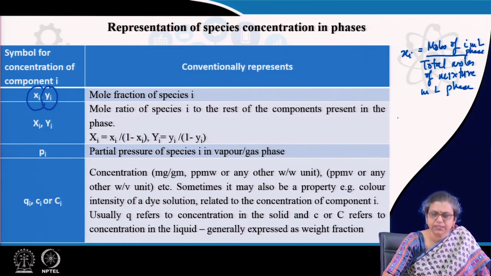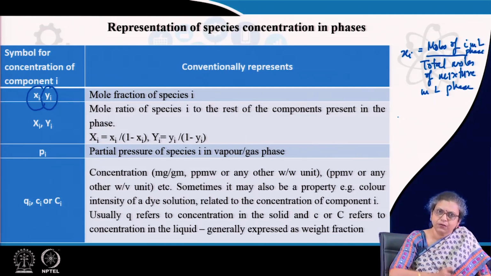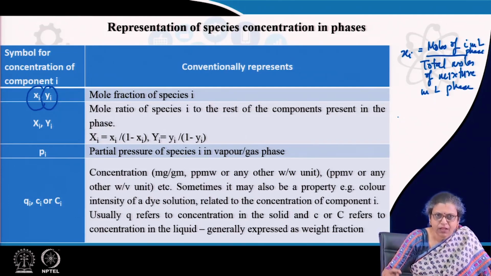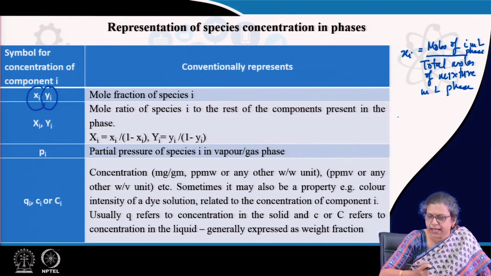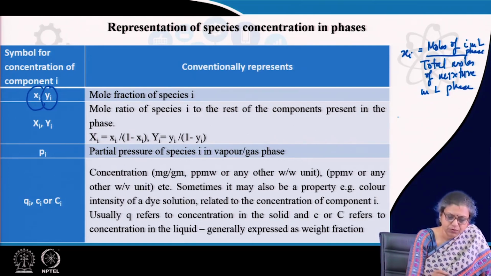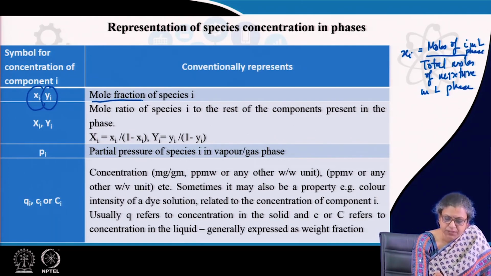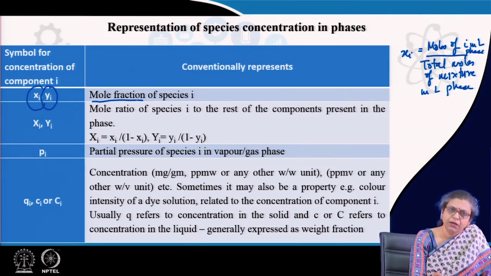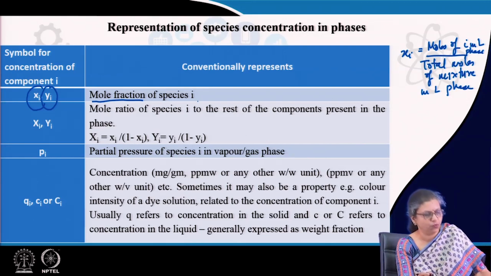If there are two liquids, then it refers to the composition of component I in the phase which is extracting, which we call the solvent. For most of the cases we find that conventionally we usually express the species concentration either in terms of mole fraction of the species I or with respect to some property which is proportional to the mole fraction.